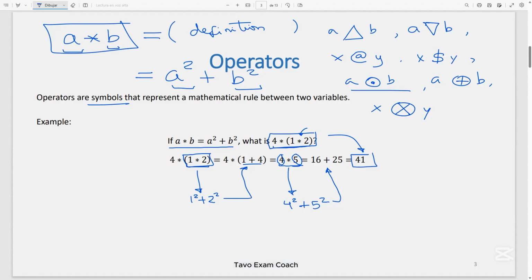Sometimes the operators are applied only to one placeholder variable. For example, you might see an operator like this, a square around a certain numeric value, where A represents that numeric value. Or they might give you something like this, a triangle and a value within. Or perhaps one number followed by this symbol. Or perhaps it could be something that looks like a pair of square brackets.